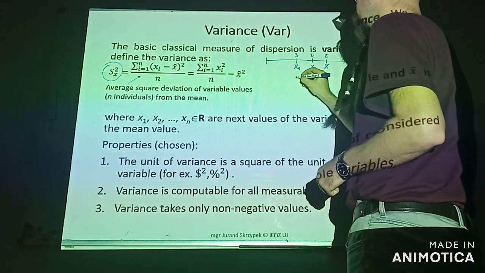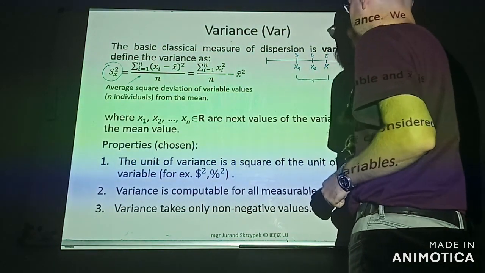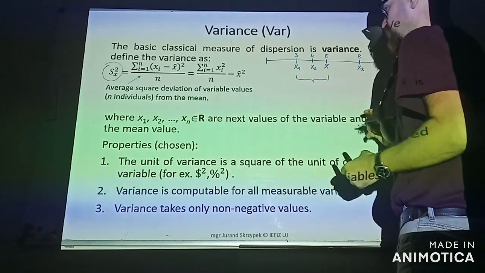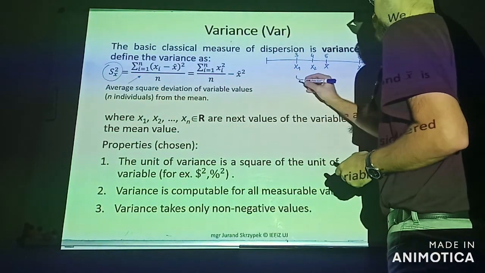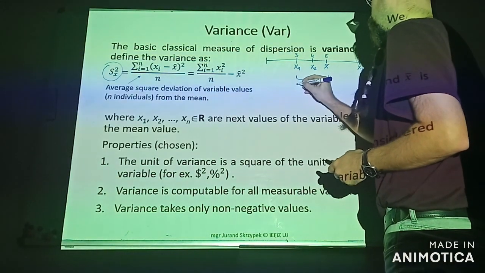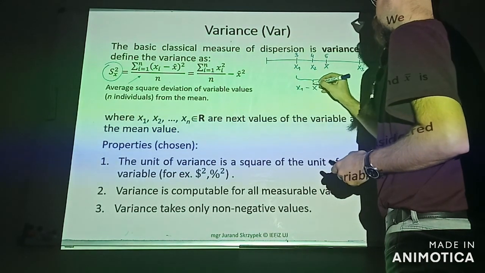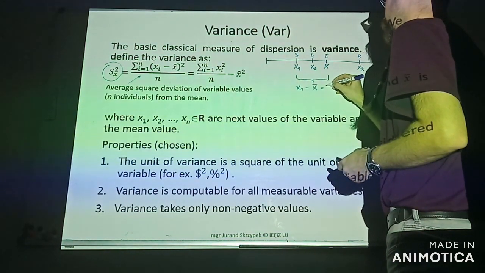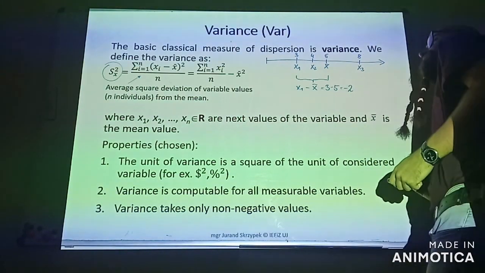The first deviation is equal to -2, the distance between x1 and x mean: x1 minus x mean, it's 3 minus 5, minus 2.